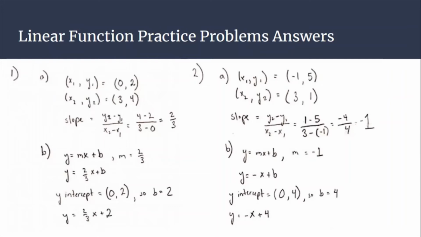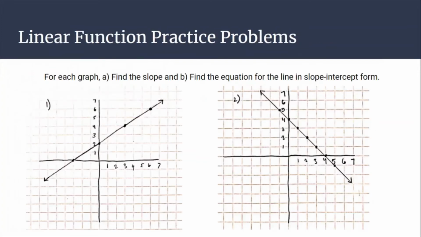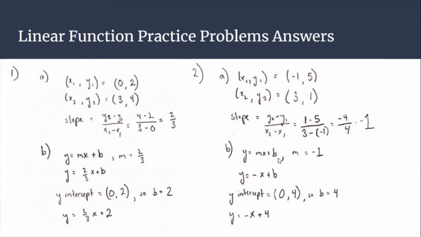But instead, since we're given the graph, we can just look at the graph and see where the line intersects the y-axis. As we can see here, this function intersects the y-axis at the point (0, 4). That means b is equal to 4, because that's the point where it intersects the y-axis. Afterwards, we get the equation y equals -x plus 4.